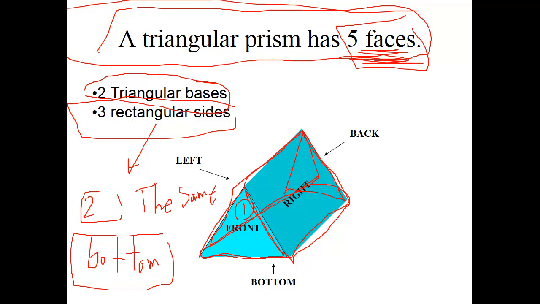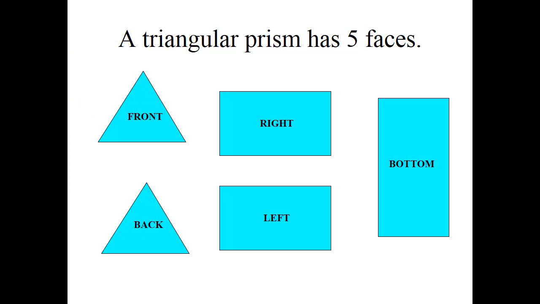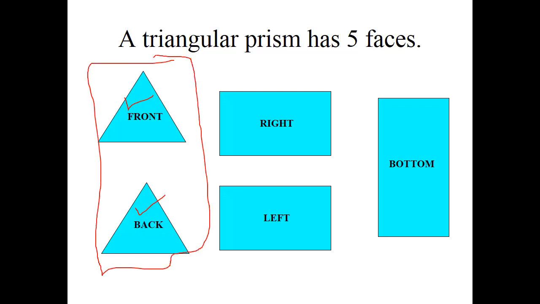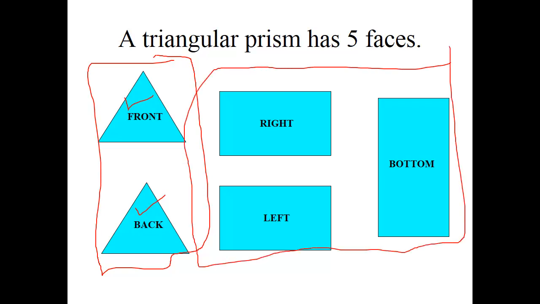We have 2 triangles and 3 rectangles, or rectangular faces. Two of the rectangles are the same, so we have the same area for both, and the one in the bottom is different.